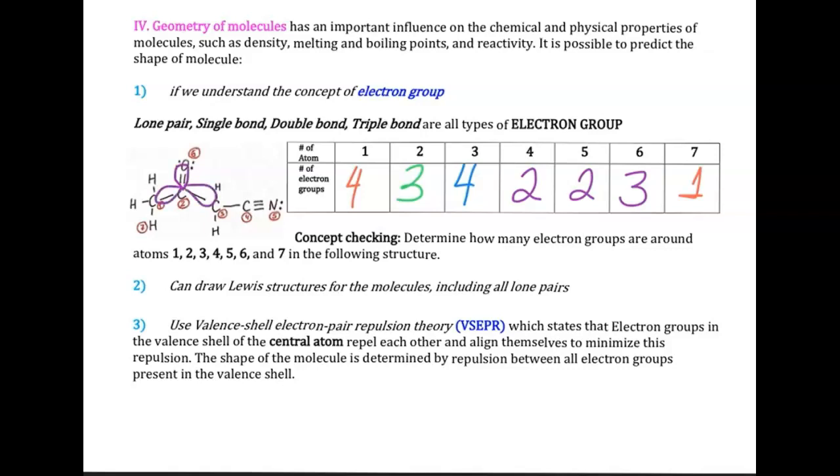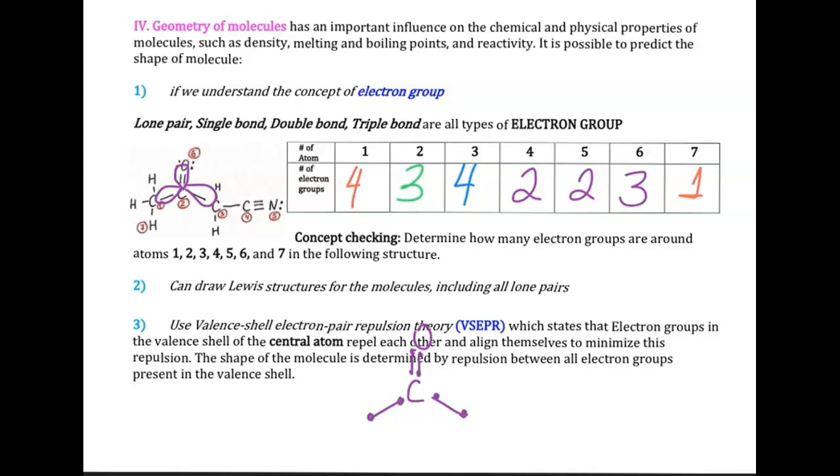The reason it is like this is because this pair of electrons and those electrons right here are negatively charged. And remember, negative charges repel each other.